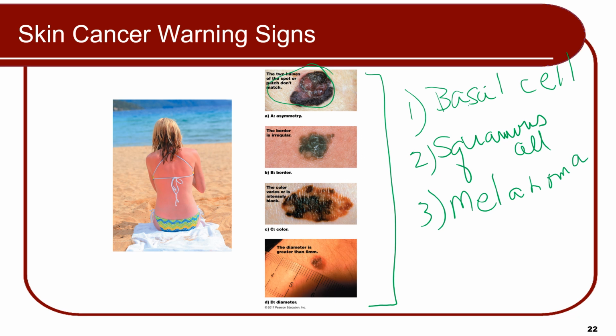Also, if it has an irregular border, see how this one does not have a smooth border, a different color within the spot, and if the diameter is greater than 6 millimeters, that's that little ruler like you used in the lab when you measured. Those warrant having it checked out, because melanoma is much more serious.